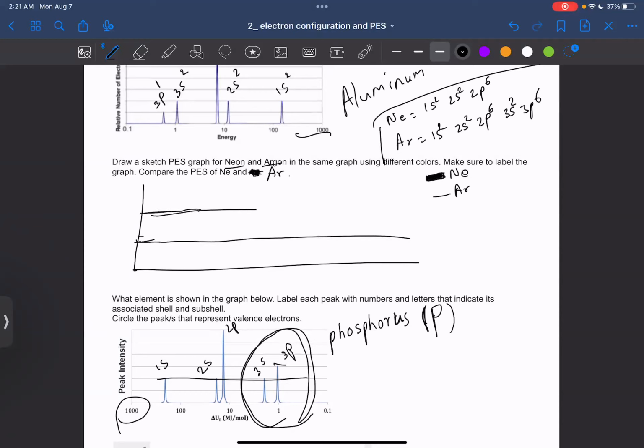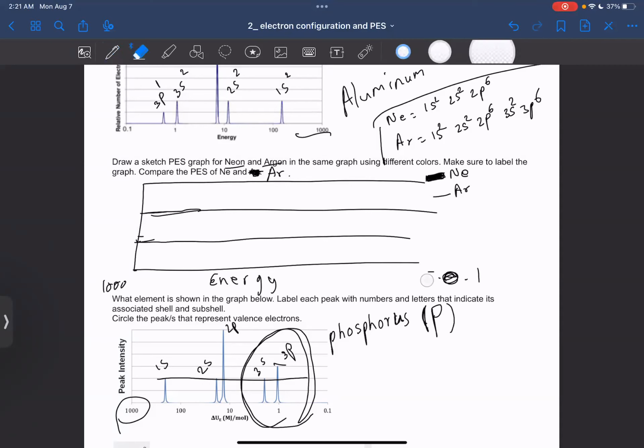Binding energy, let's just go 1,000 and let's do 0 here. So this bottom is energy, like 0.1, like how we do that. Careful with the break marks. Number of electrons, 2, 4, 6.